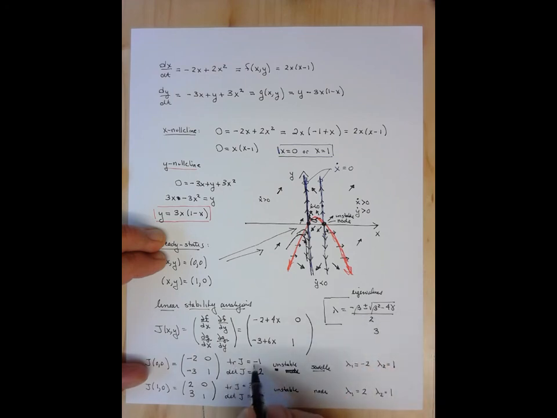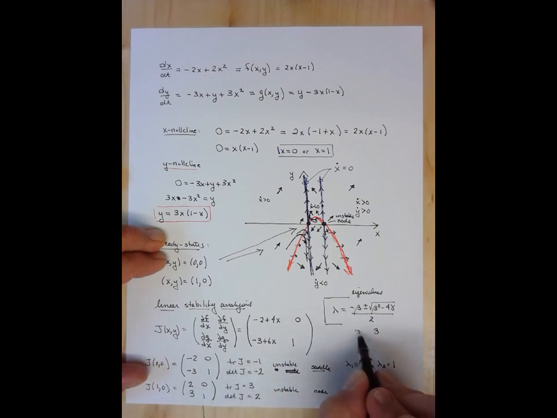And then beta here again was -1. So it's -1 plus or minus 3, divided by 2. In one case, that gives me -1 plus 3, or 2, divided by 2, which gives 1.